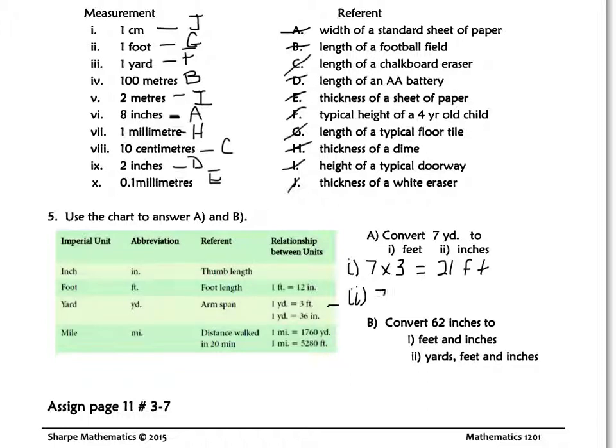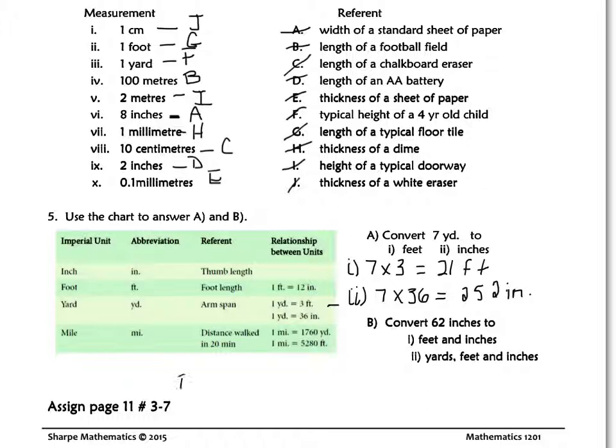So if you've got 7 yards, you've got 7 times 36, which is 252 inches.